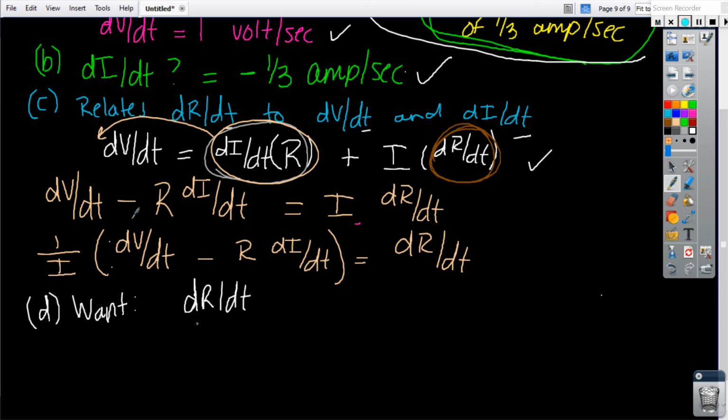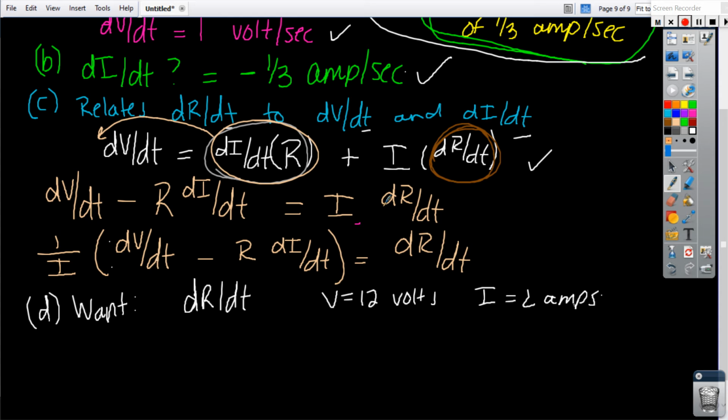And it says when V is 12 volts and I is 2 amps. Okay? And then it asks me some more questions about R. It says, is R increasing or decreasing, and explain why.